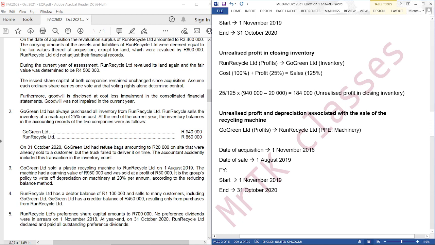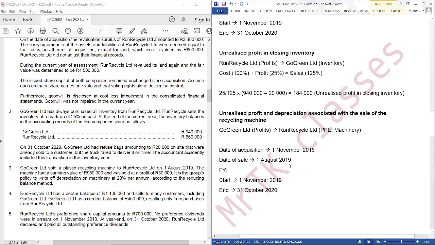Every time this machinery depreciates, we state back the profit we said was unrealized before. When the machinery depreciates, we treat that as realized profit.